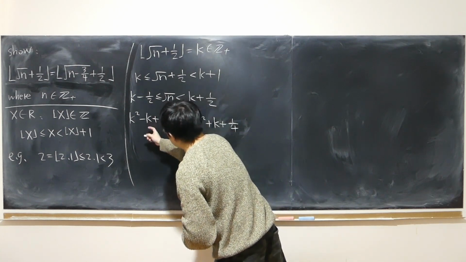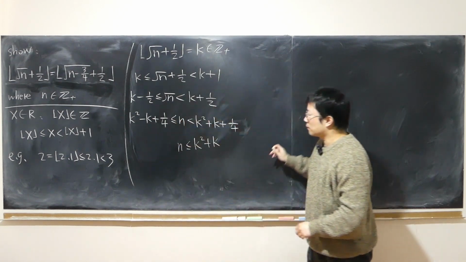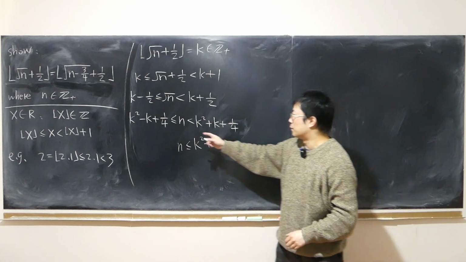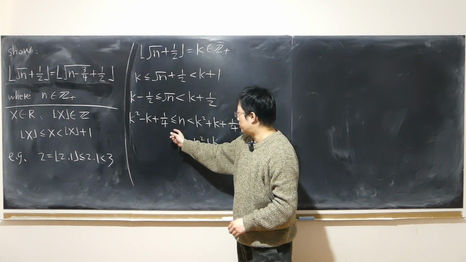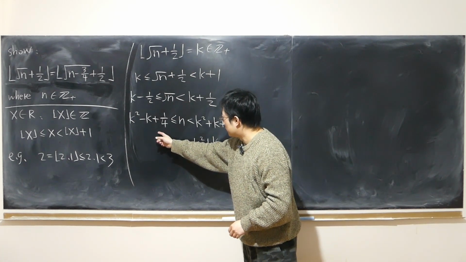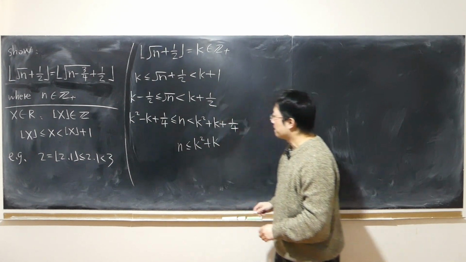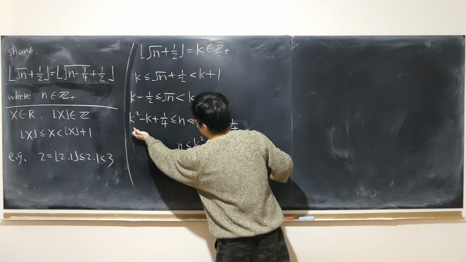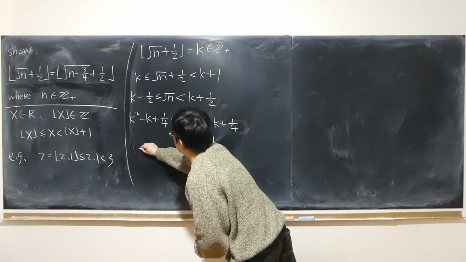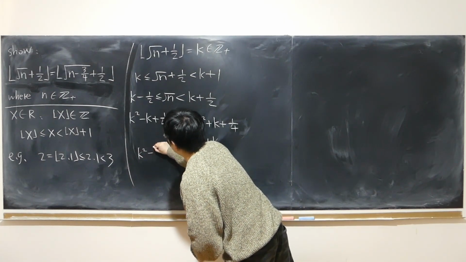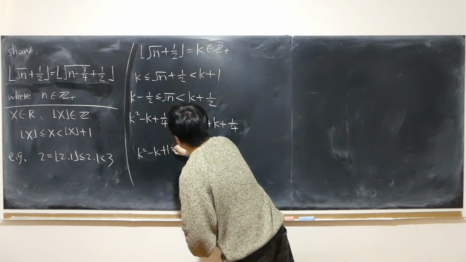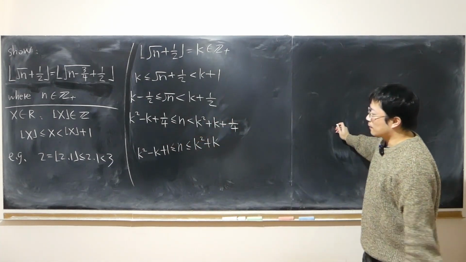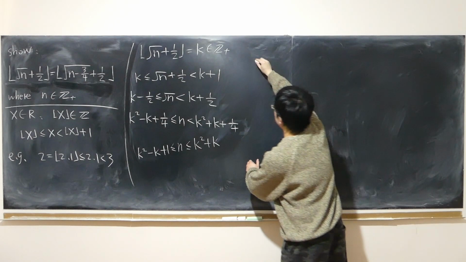Likewise, on the other side, n cannot equal 2.25 but is bigger than or equal to 2.25, so it could be equal to 3. 3 is just 2 plus 1, so this number plus 1, that's what I need. So that's the first inequality.